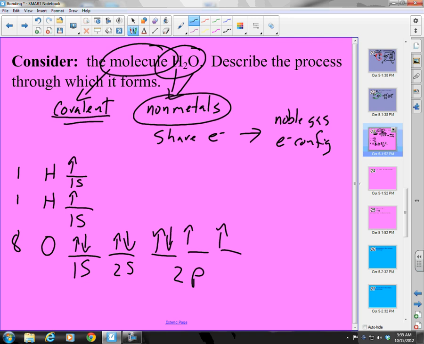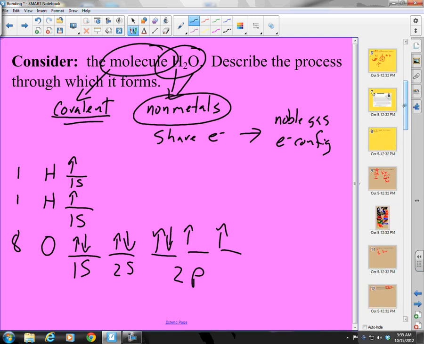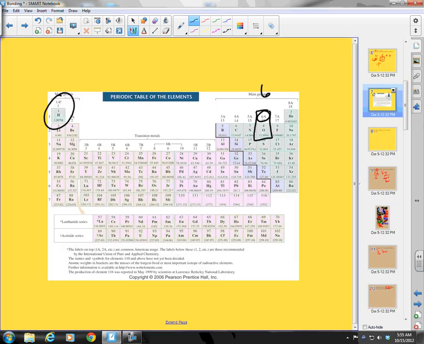Good. Now we said what's going to happen? They both want to get noble gas configurations. Well, let's look at hydrogen. What noble gas configuration can it get? It has 1 electron, and its closest noble gas is helium, and helium has 2.